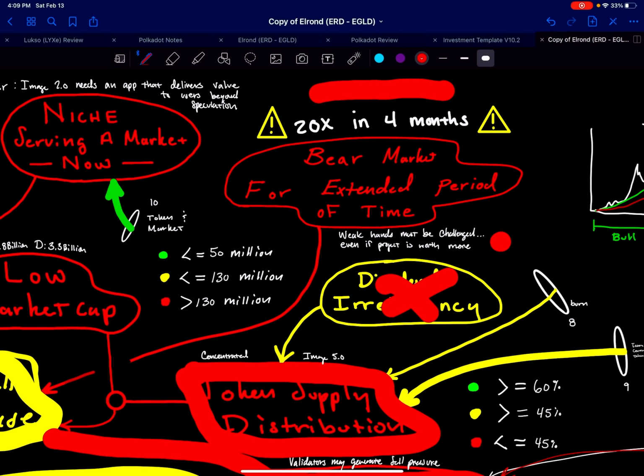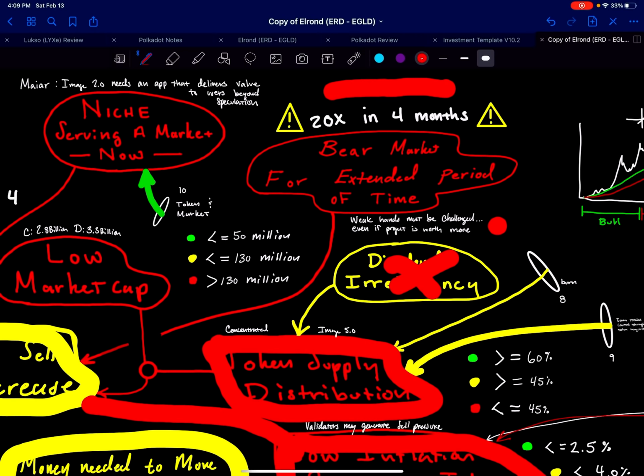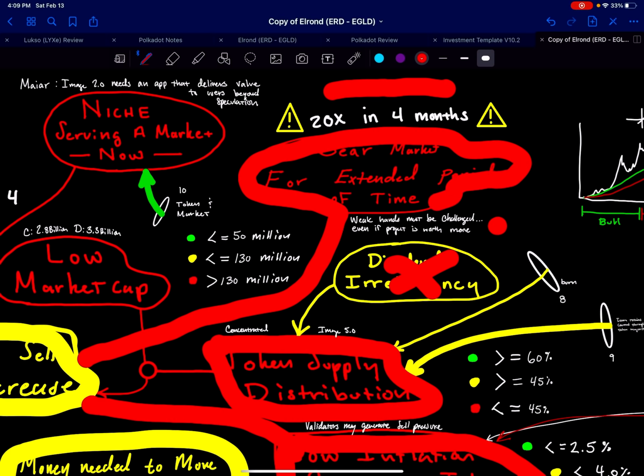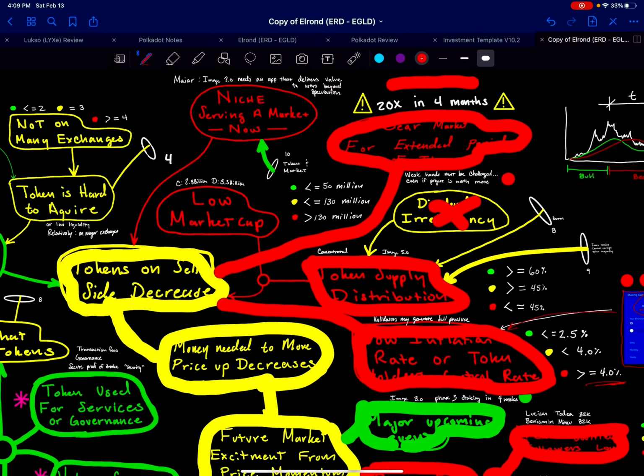Their thoughts and ideologies have to be challenged. Even if it's worth more, they do need to be challenged, because nothing in life is easy. This thing has to say, hey, you might be wrong, and it has to do that with price performance, to get out the weak hands, the non-believers, so to speak, especially after 20x. And so I do believe it needs that to heal the price and make it more sustainable.